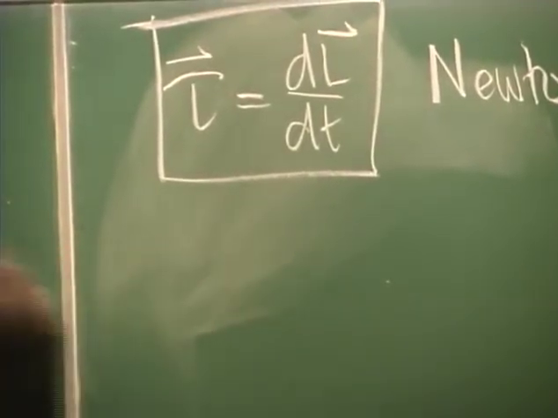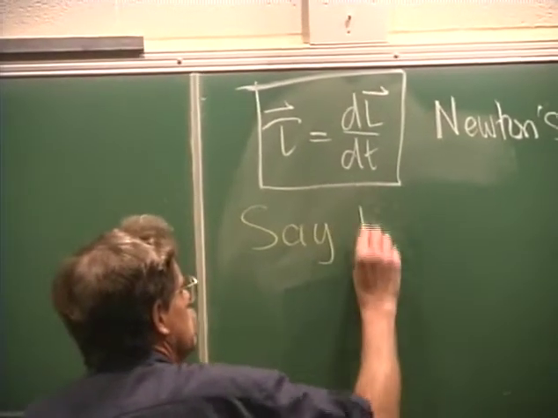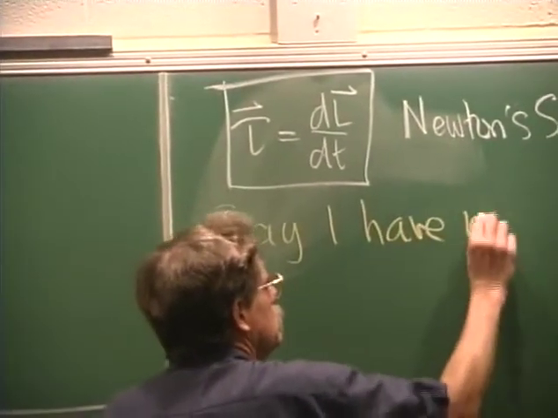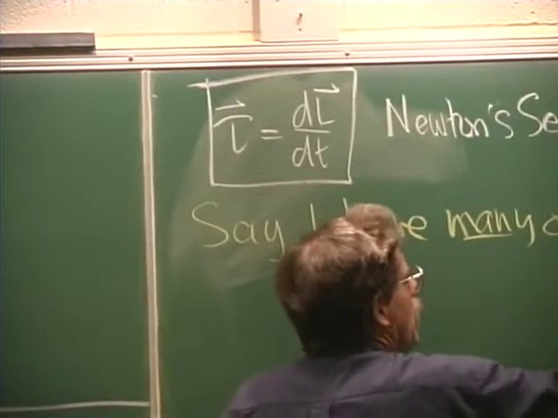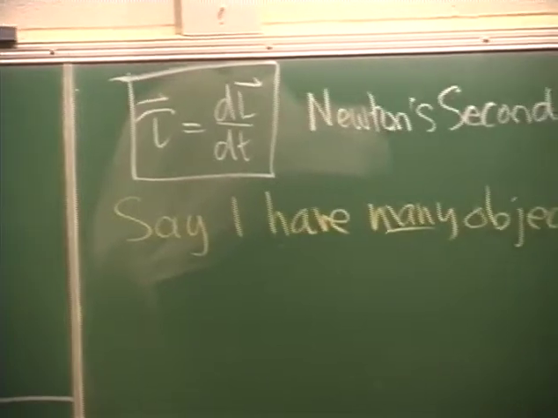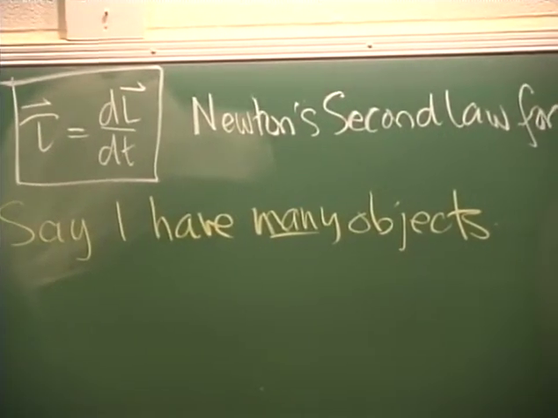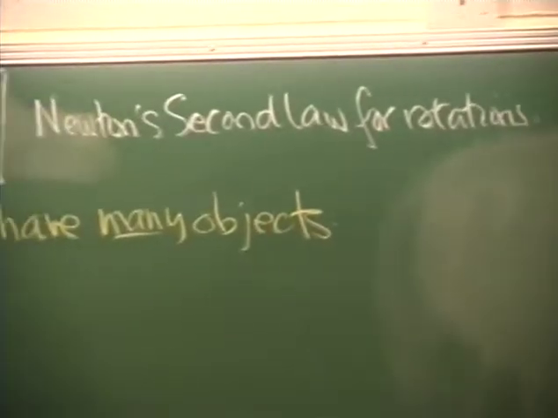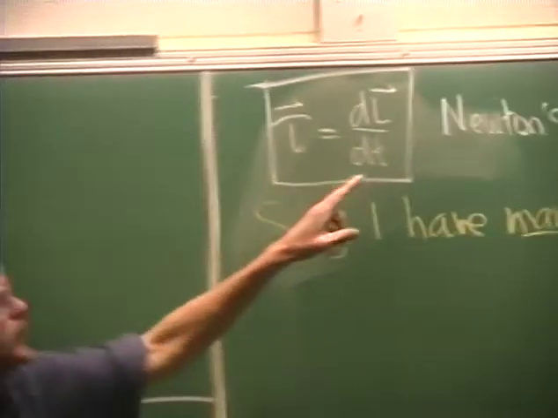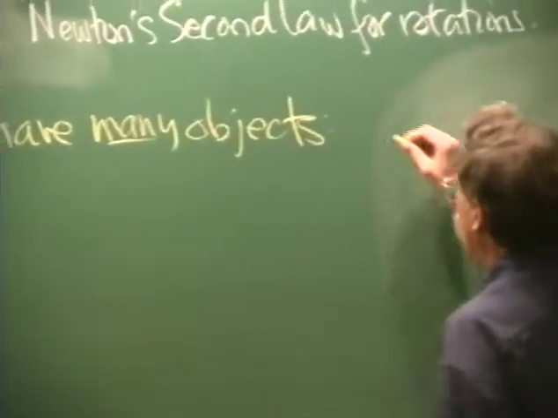Suppose now that I had not just one object, but a bunch of objects. My standard example: a swarm of bees flying every which way, with a bunch of forces acting on them, and each one's got a momentum. I could add up the torques on each of those bees, and the angular momentum of each one, and write this formula for all of them.